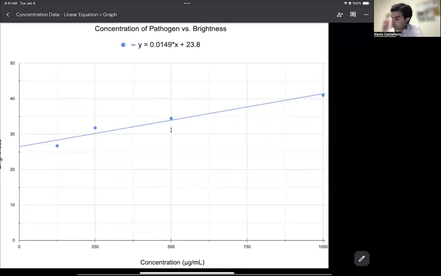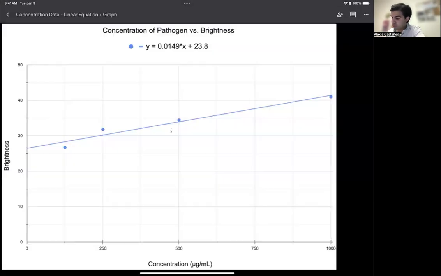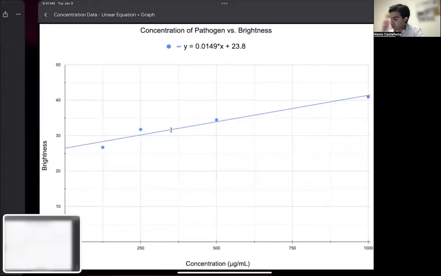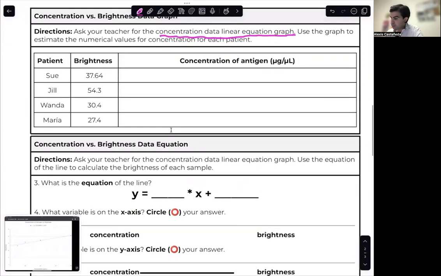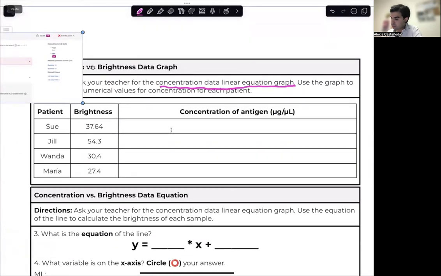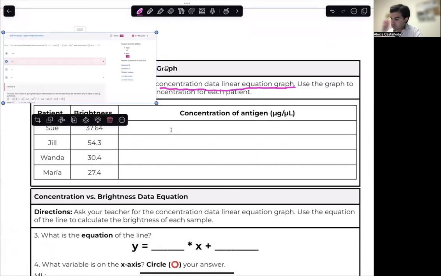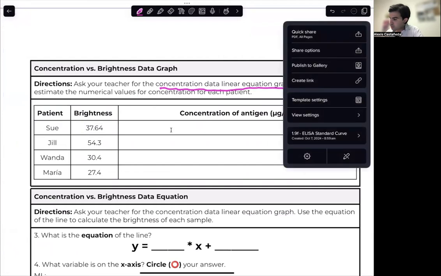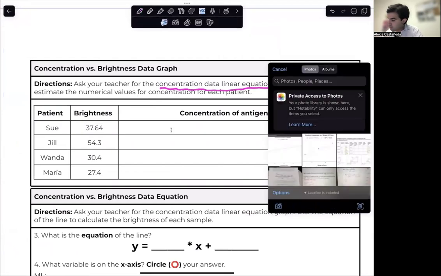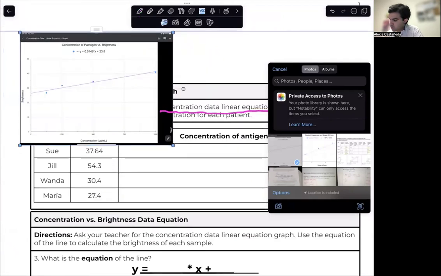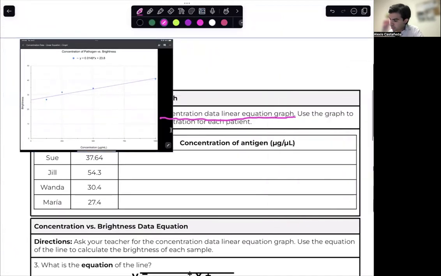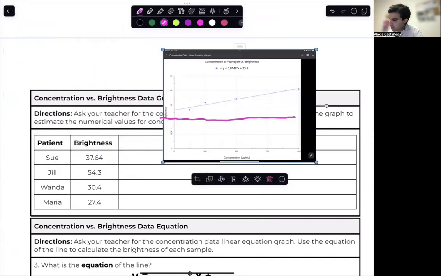So the first question here says, okay, so I'm going to take a screenshot of it so you can see it on your side. So it says you're going to use this data to help you answer the question.